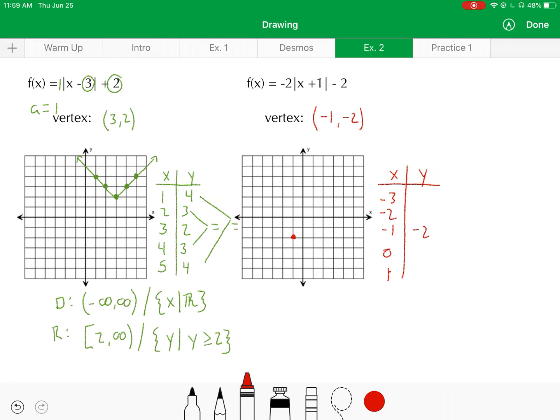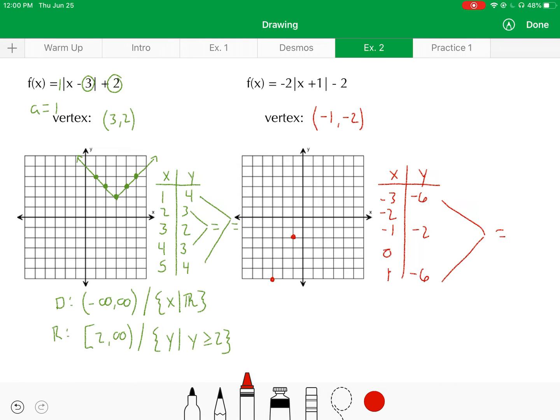If I were to plug -3 into the function, I'm going to add 1, which gives me -2, absolute value of which is 2. 2 times -2 is -4. -4 minus 2 gives me -6. And by symmetry, when I plug 1 in, I should get -6 out as well, right? These two should be equal.